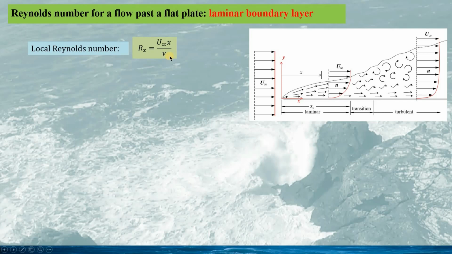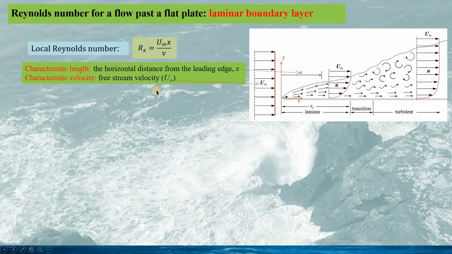Here, nu is the fluid kinematic viscosity, and the characteristic length is the horizontal distance from the leading edge x, and the characteristic velocity is the velocity of the free stream u infinity. So in this example, both characteristic length and velocity are well-defined parameters.